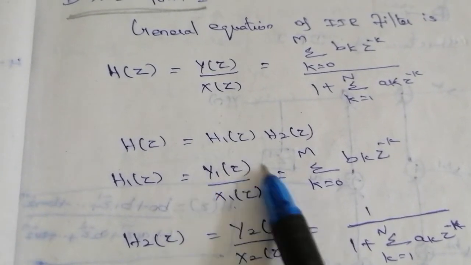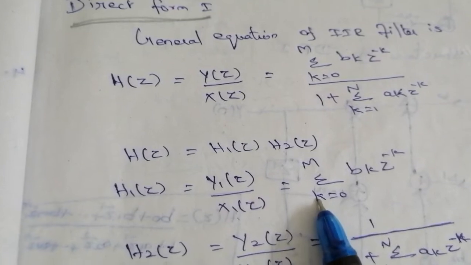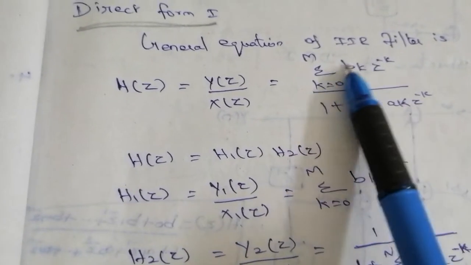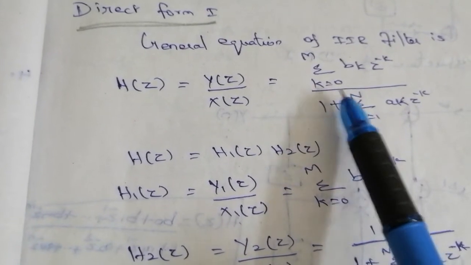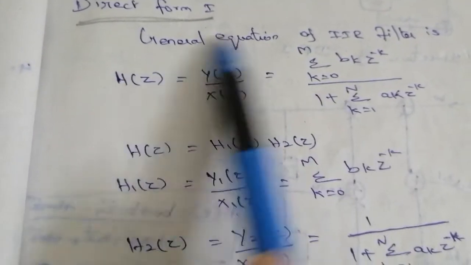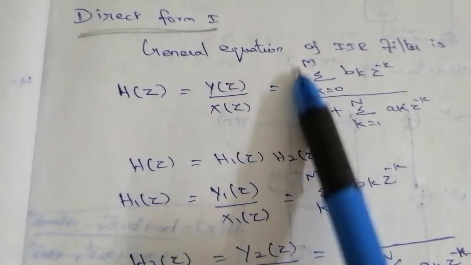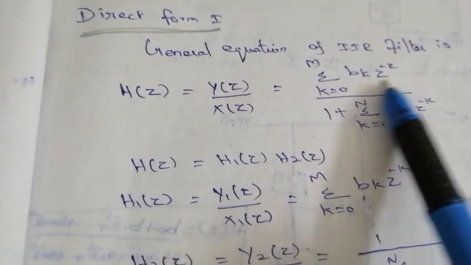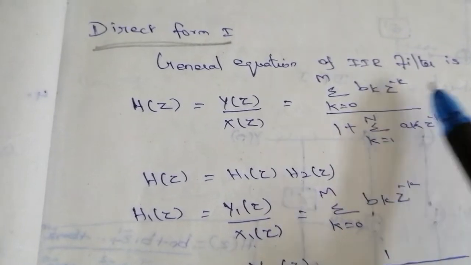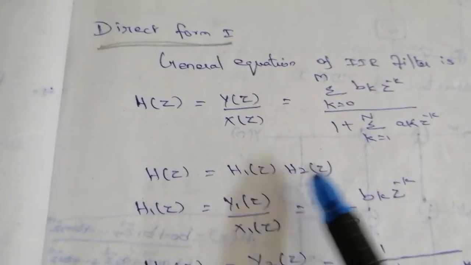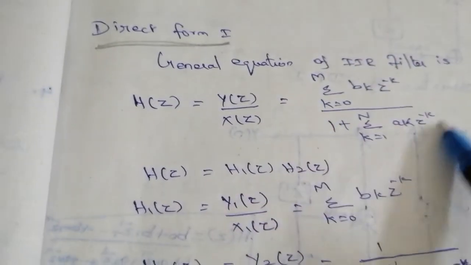So y1 of z divided by x1 of z equal to the numerator term. We are going to simplify this equation. For that, we rearrange this h of z: this term is considered as h1 of z, and 1 divided by this term is considered as h2 of z. If we multiply these two terms, we get the h of z function.